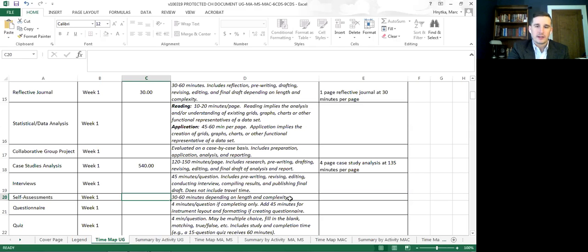A common one would be quizzes or maybe short essay questions that students can complete on their own, and then there's usually some sort of key or feedback that will let the student know how they're doing, but they're not being graded on whether they're correct or incorrect. So maybe in week one, after they complete everything, there'll be one self-assessment quiz.